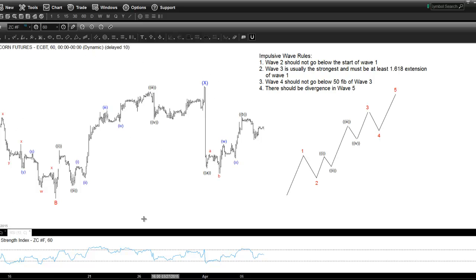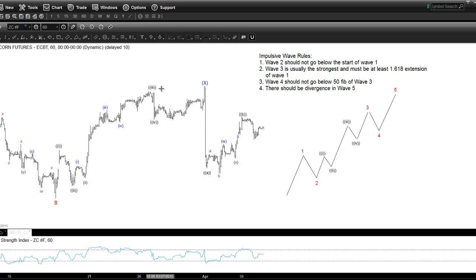If you look at the structure here, you should expect the strongest wave to be wave 3 of the wave 3 in this structure. And as you can see here, the momentum is the largest here when it's at the blue wave 3, and the RSI is the highest. But when we are completing the black wave 3, this is nothing more than actually a wave 5 of 3, right?